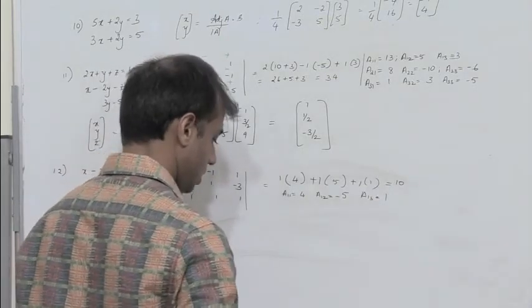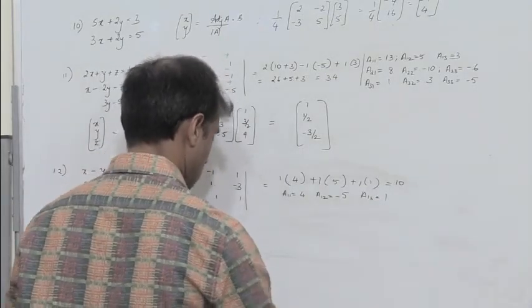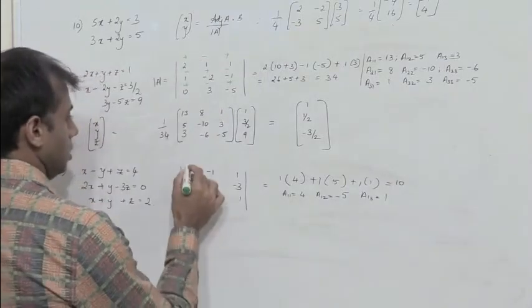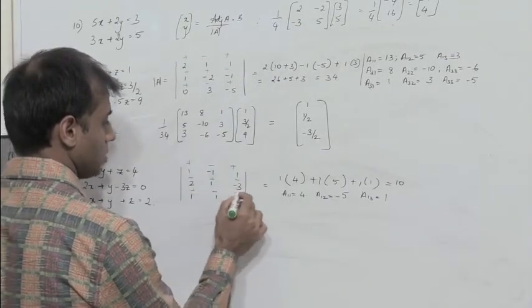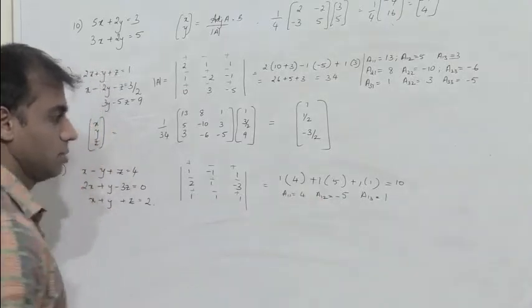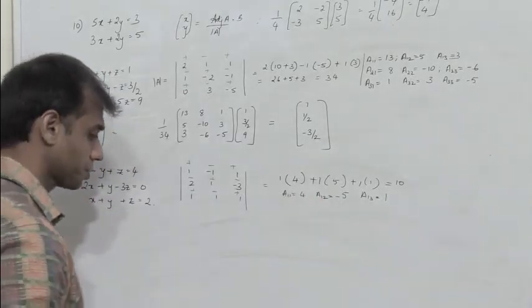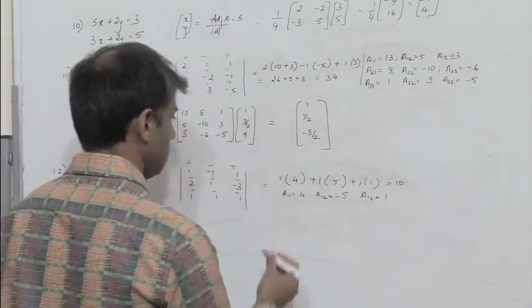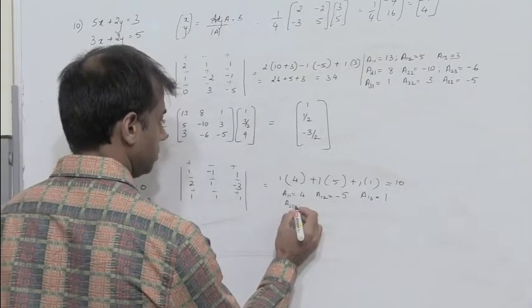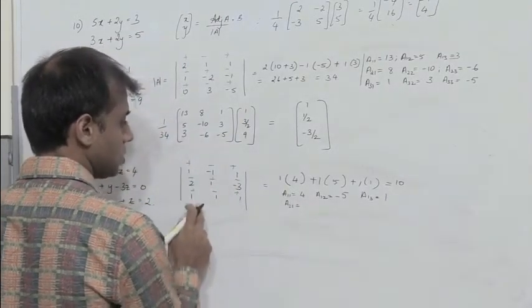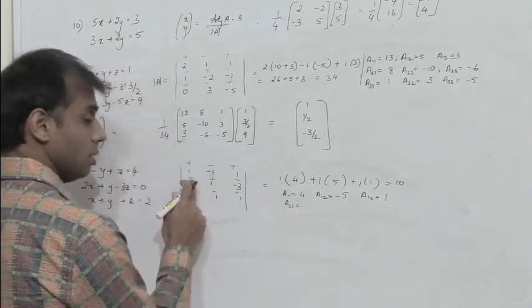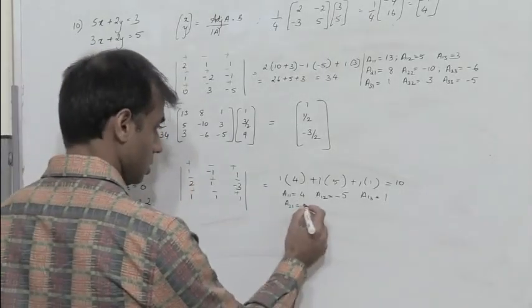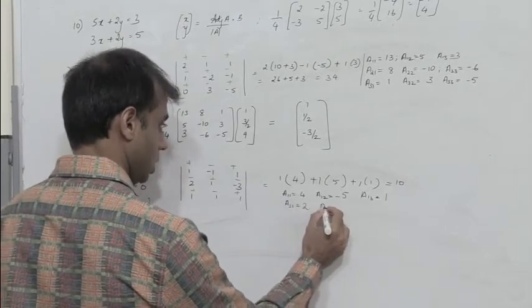So again let me write the signs. Plus minus plus, minus plus minus, plus minus plus. So that's the reason why I have written the minus sign here. Next, A21 is the second row and first column. So I get minus 2 into minus 1, which is 2.